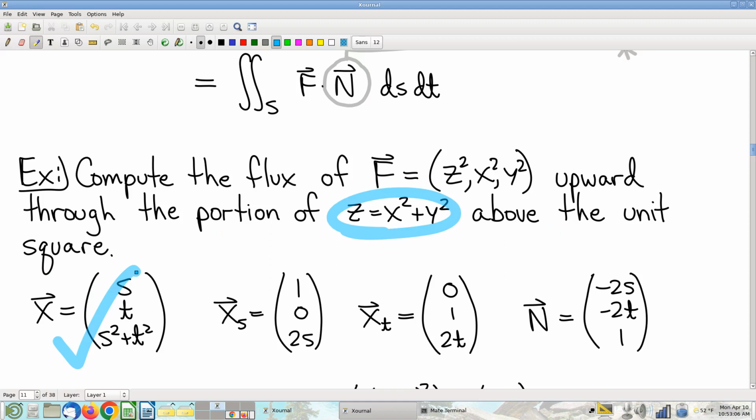Now, by the way, let me point out that we're seeing in action now a claim that I made a while ago. Why do we need to learn how to parameterize surfaces? Well, we need to learn how to parameterize surfaces because eventually we'll be defining integrals on surfaces, and we will be pulling back through parameterizations. And here we go.